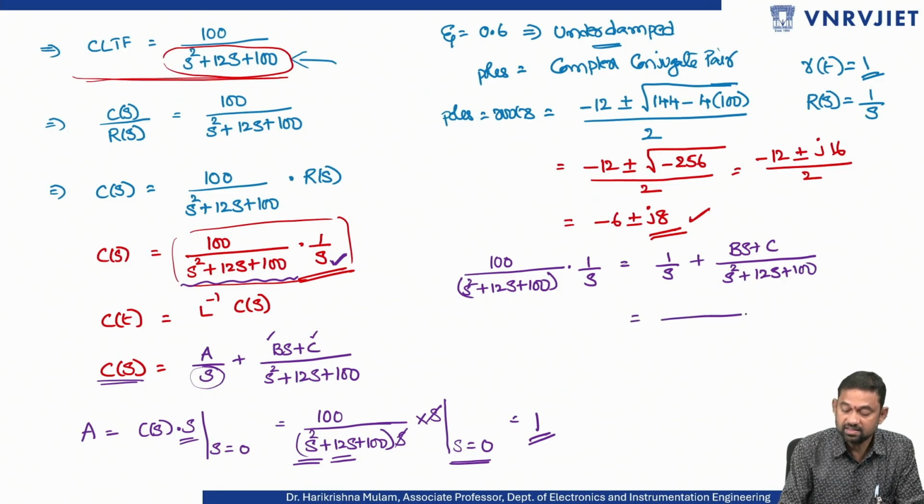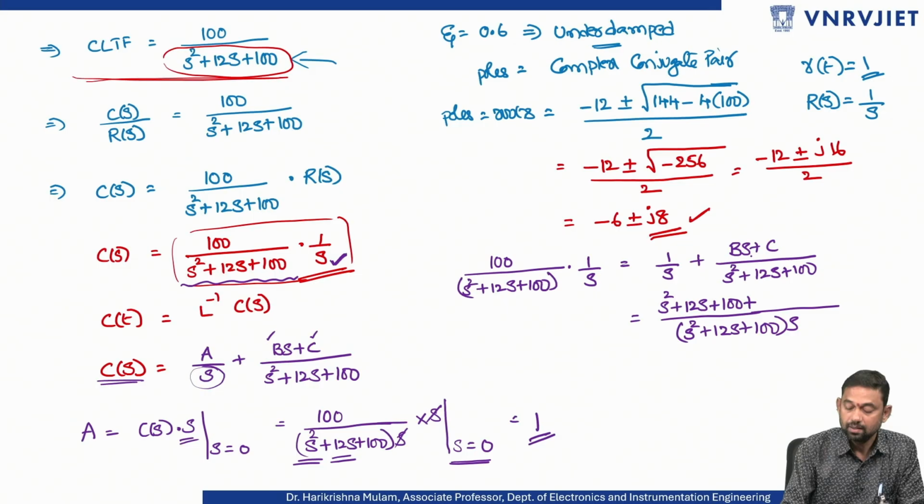Take the LCM and find this expression. So it is s square plus 12s plus 100 into s, and in the numerator it will be s square plus 12s plus 100 plus bs plus c into s, that is bs square plus cs.